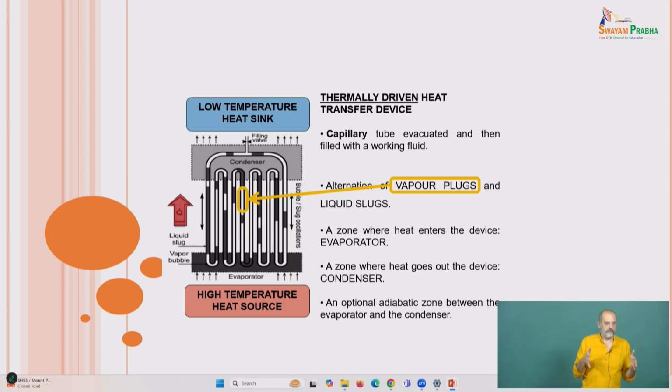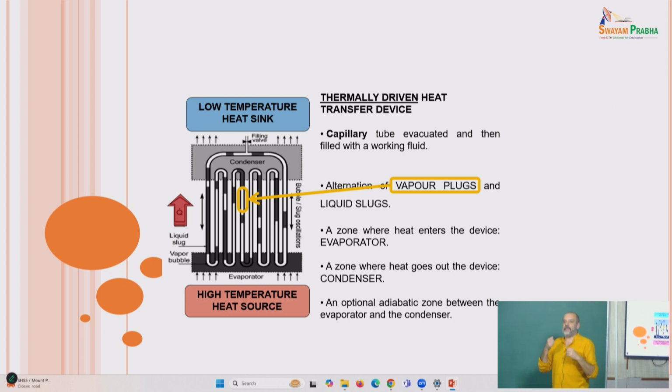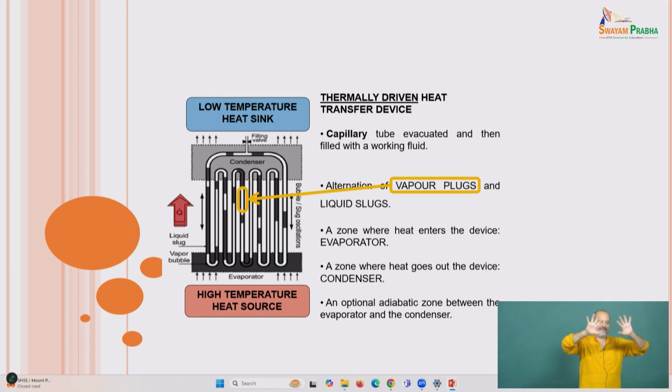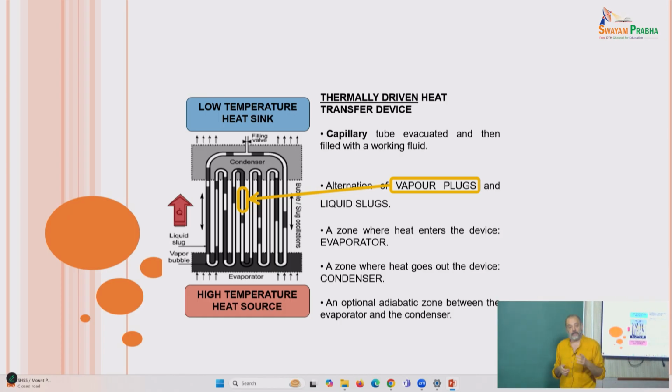The filling ratio is quite important because if you change the filling ratio, you may have different performances. So, in the case of a pulsating pipe, we have, let's say, a 50% filling ratio, for example, and from the very beginning, we have a chaotic situation, and the system is completely random, where we have some vapor and some liquid. Why? It's very clear: it is the quality.